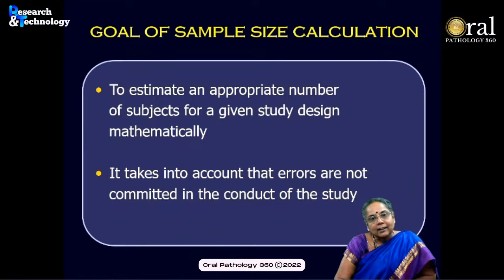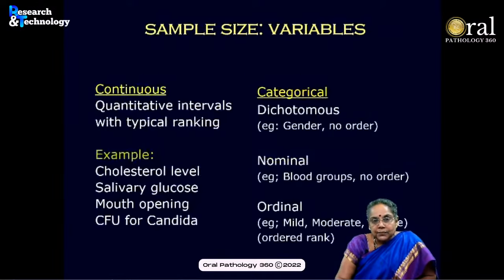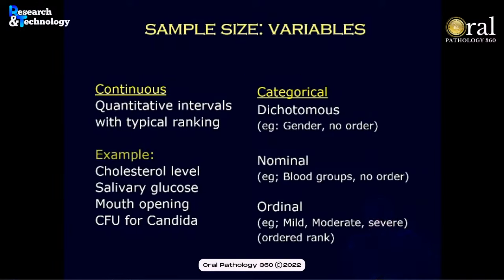Here the predictor variable was the probiotic, and the outcome variable was the colony forming units of candida. Summarizing the variables before I move on to the goal of the sample size calculation, let me go back to that slide. We had continuous variables and categorical variables. The continuous variable here is the colony forming unit, and it was the outcome variable.